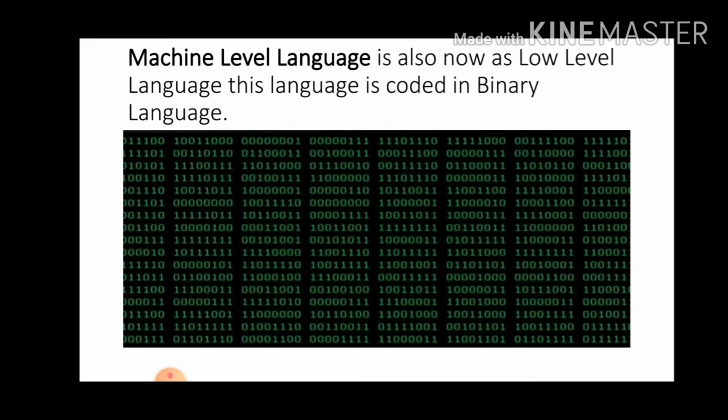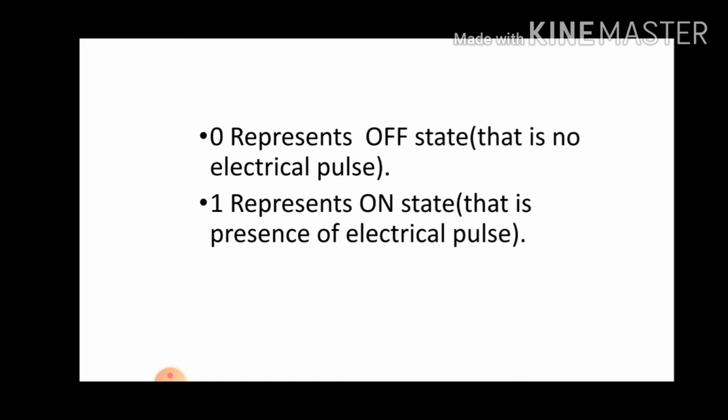Make sure from this machine level language we have learned that it is also known as low level language, and it understands zeros and ones, and those zeros and ones are known as binary language. Here 0 represents off state, that is no electric pulse, and 1 represents on state, that is presence of electric pulse. Make sure that you remember this concept, that in machine language we have zeros and ones.